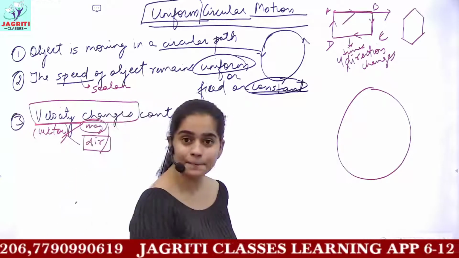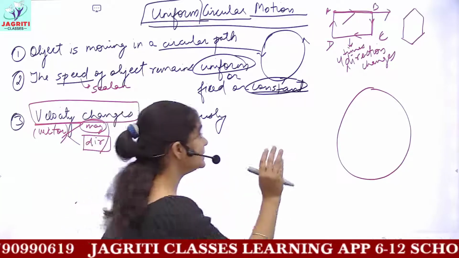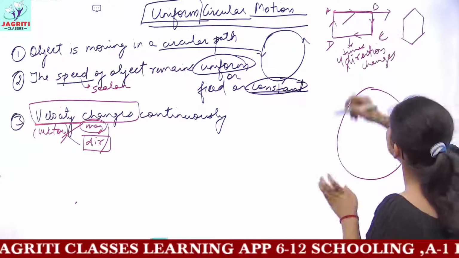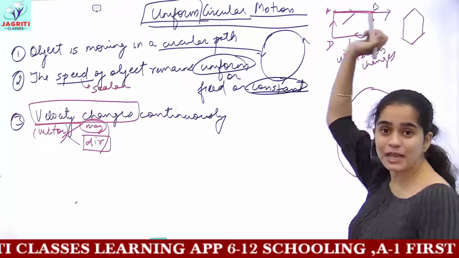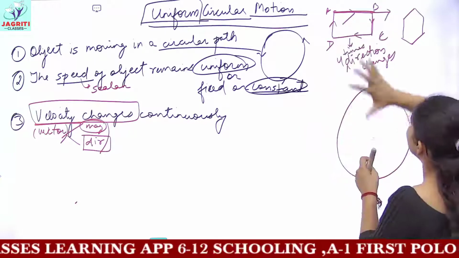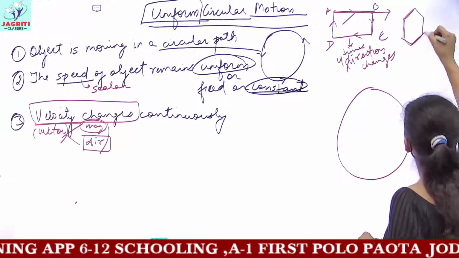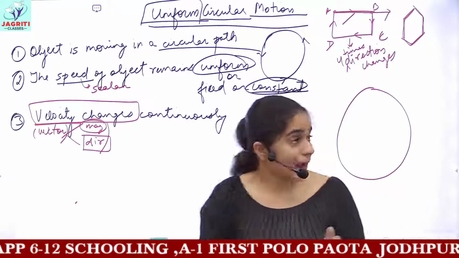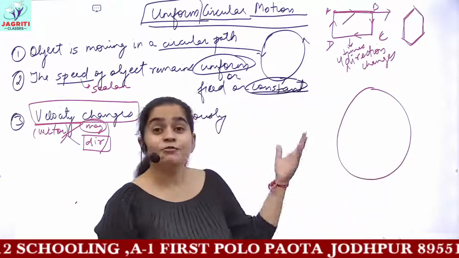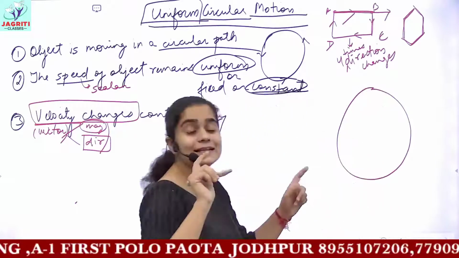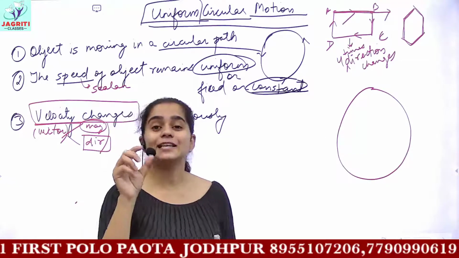In a circle we assume that, see, when you had 4 sides, the length of a side was large. But when the number of sides increases, the length of the sides becomes comparatively less. And talking about the circle, we assume that the length of the sides in a circle is of the size of a point.